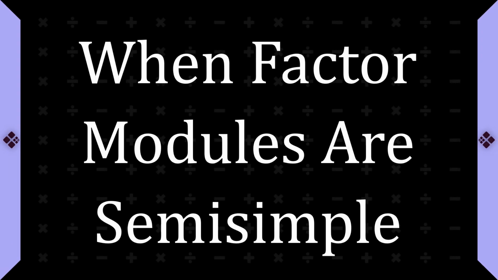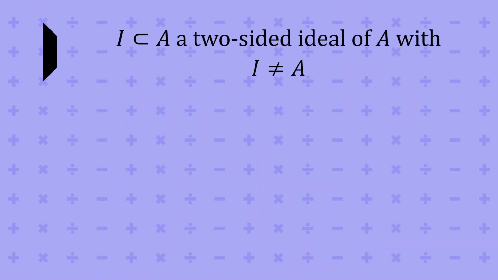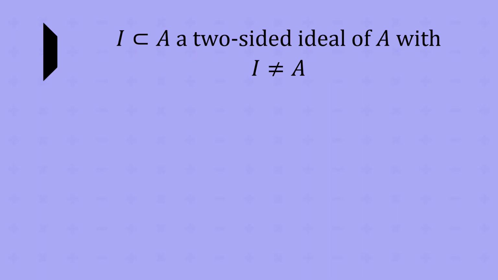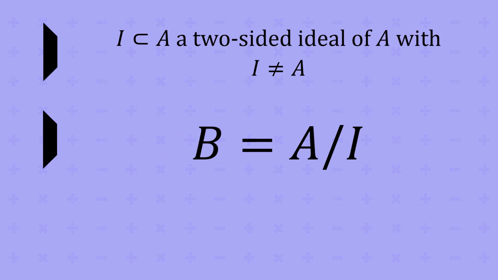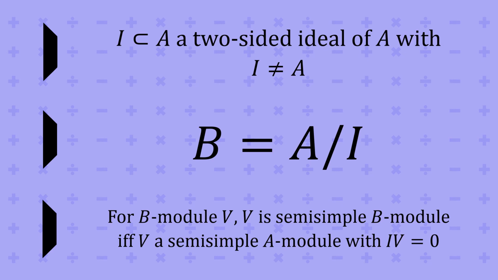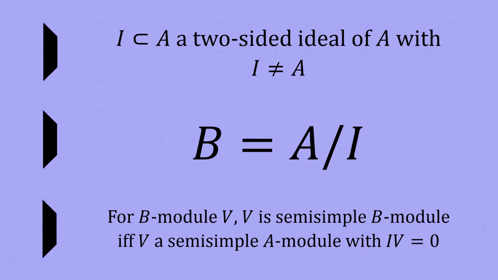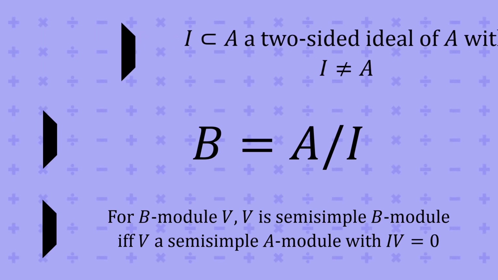Next, let's discuss when factor modules are semi-simple. If I is a subset of A, which is a two-sided ideal of A, with I not equal to A, and if B equals A over I, the factor algebra, then for any B module V, we have that V is a semi-simple B module if and only if V is a semi-simple A module with IV equal to 0.